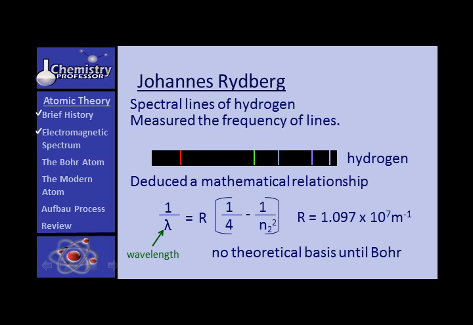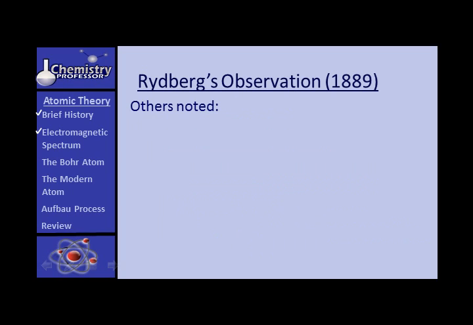It took Niels Bohr. Other physicists noted, however, that if we took the Rydberg equation here, but we replaced the 4 with n1 squared. Think about 4. 4 is 2 squared, isn't it? Yeah, okay. But if we replace the 4 with n1 squared, we could find out information about a whole additional battery of lines that you couldn't see necessarily in the visible.